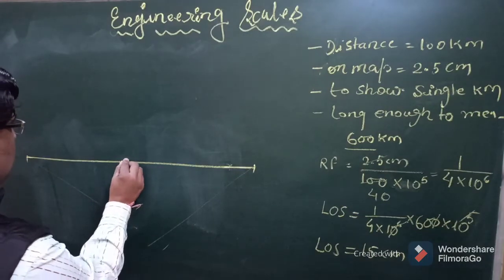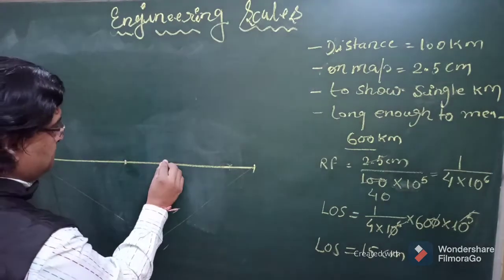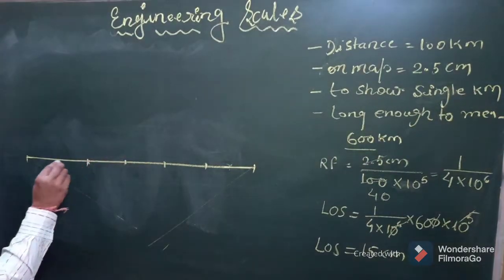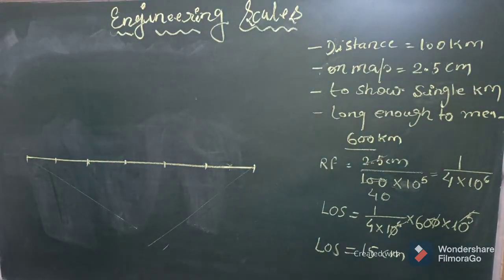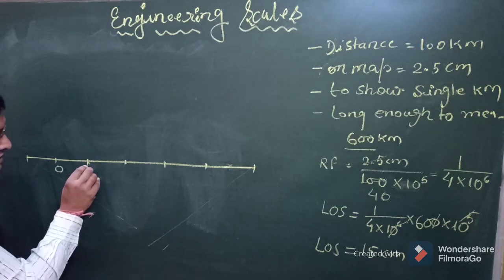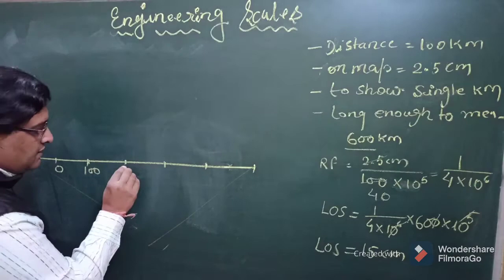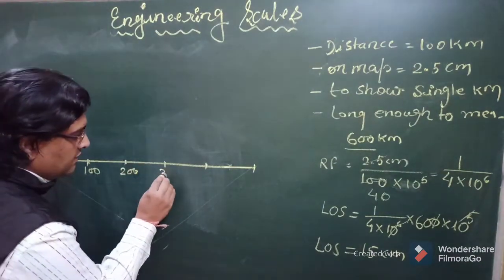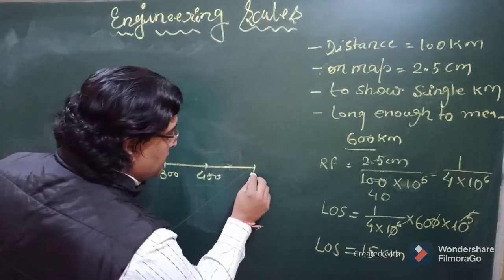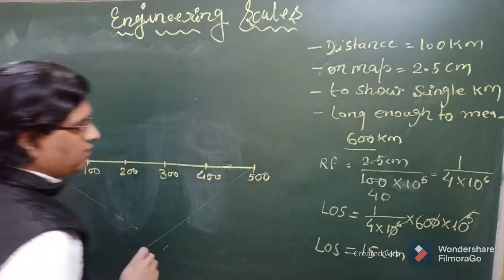So you will be getting 3 parts here, 3 parts here. Each division is representing 100 kilometers. So this is 100, 200, 300, 400 and 500.